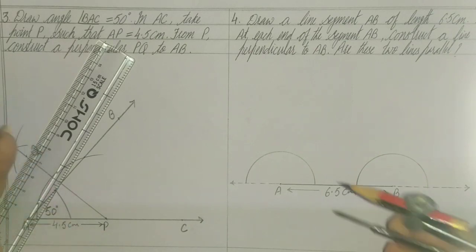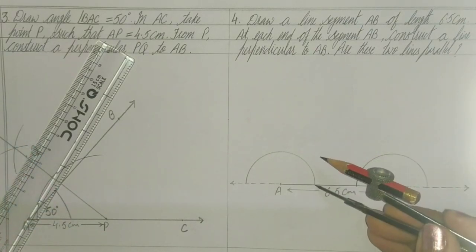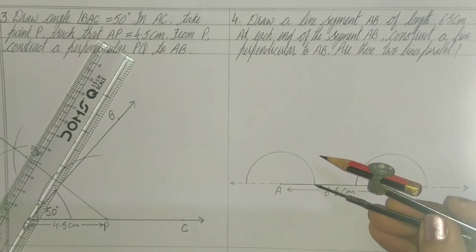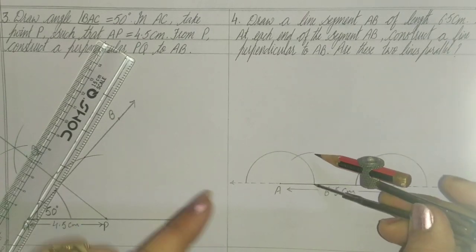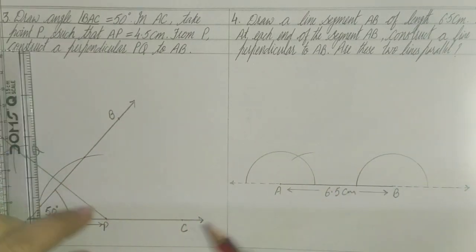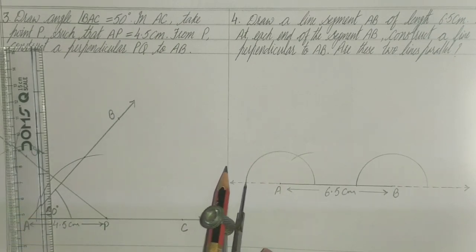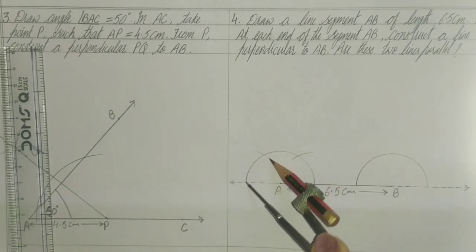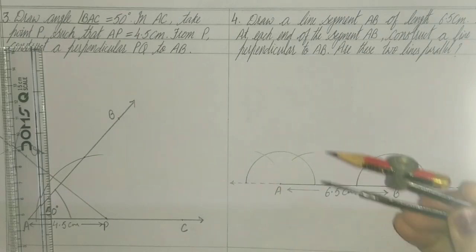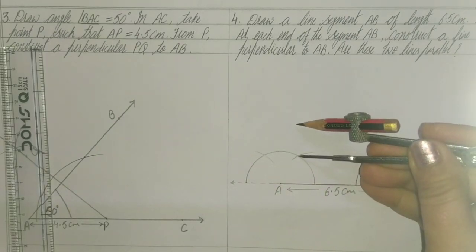Now with the same measurement again, taking this point as center, intersect the semicircle, then put the pin of your compass at this point of intersection of the semicircle and the line, then again intersect the semicircle, keeping the same measurement.